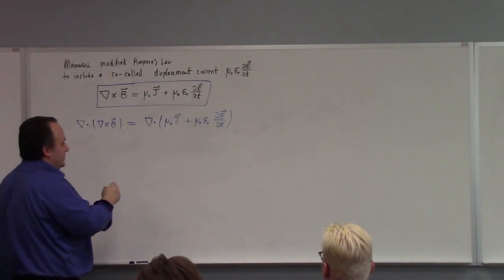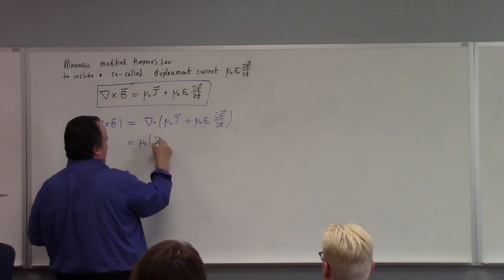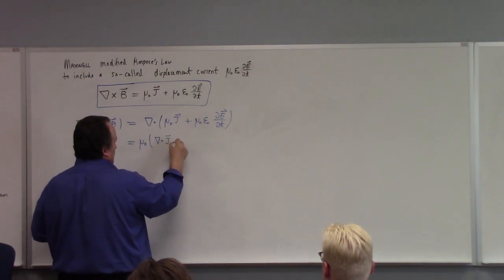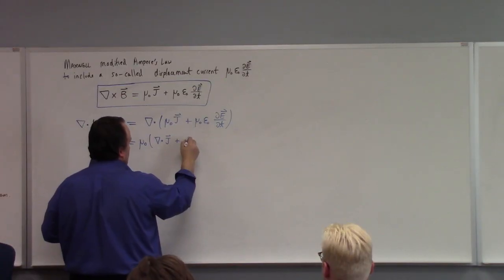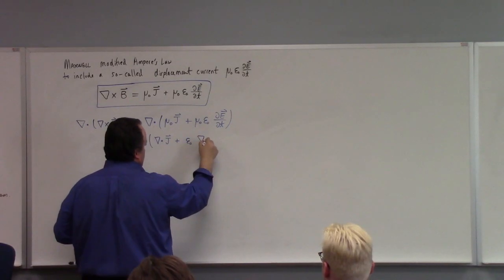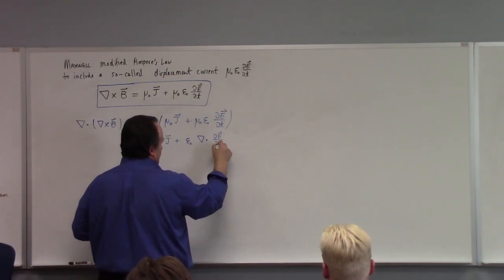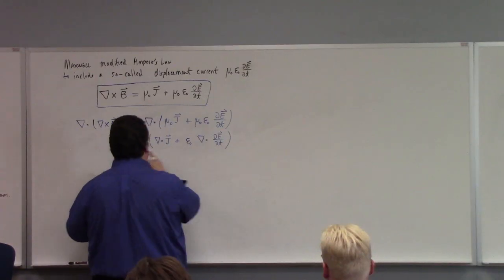But then we can pull the mu naught out, and then we have the divergence of J plus epsilon naught times the divergence of partial E partial t. So I factored the mu naught out.